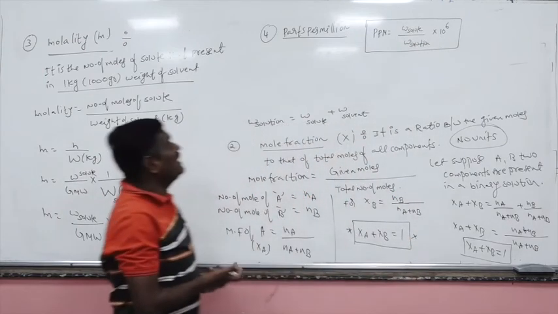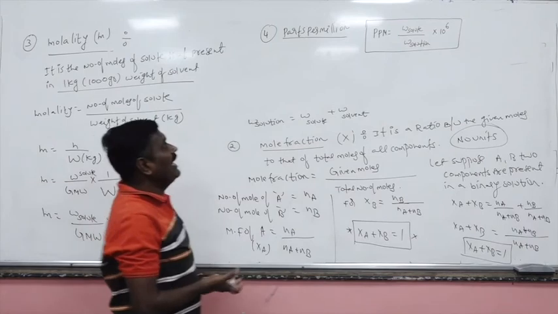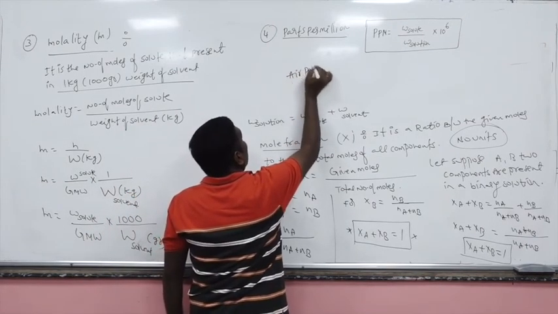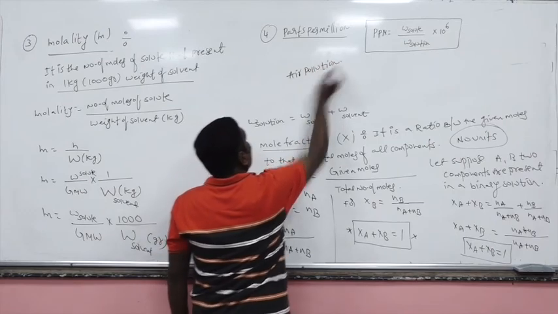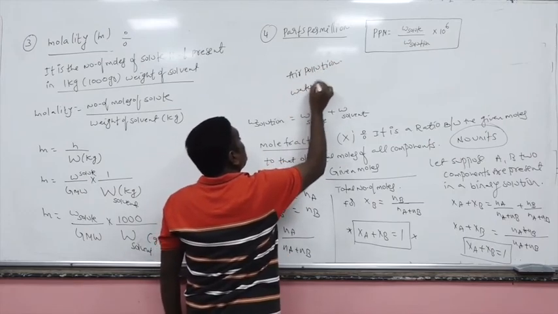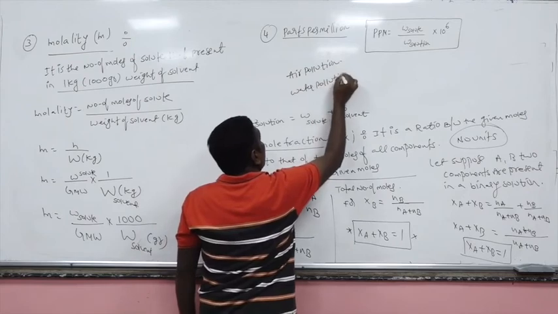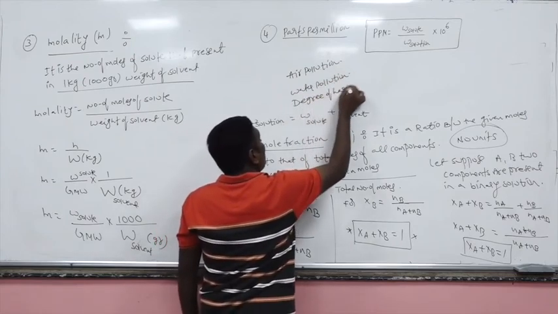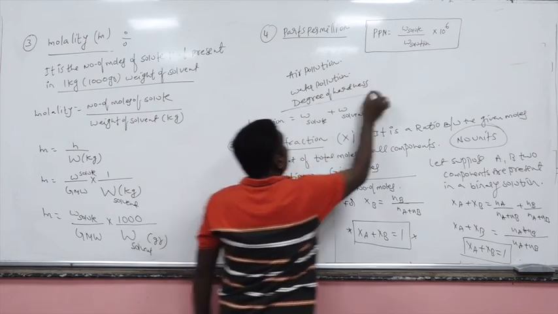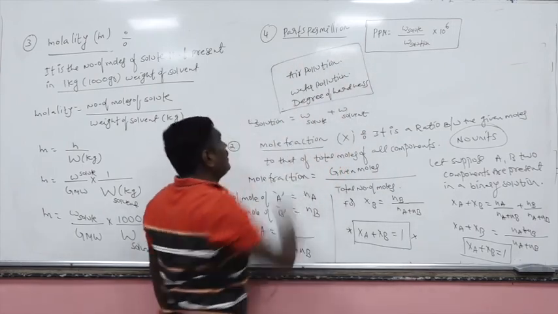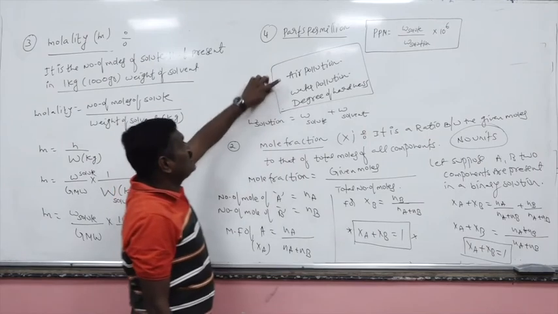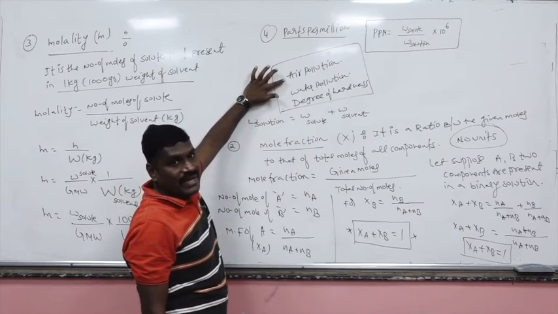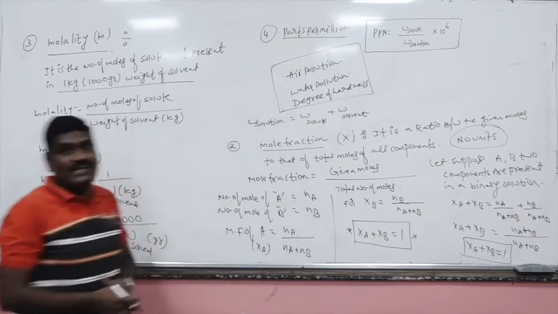Especially, parts per million is expressed only for air pollution, water pollution, and degree of hardness. These are the concentrations expressed in parts per million. We know in air there are pollutants like carbon dioxide and carbon monoxide.